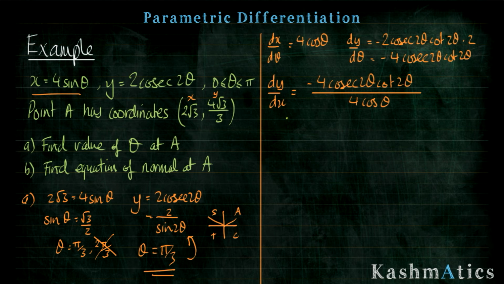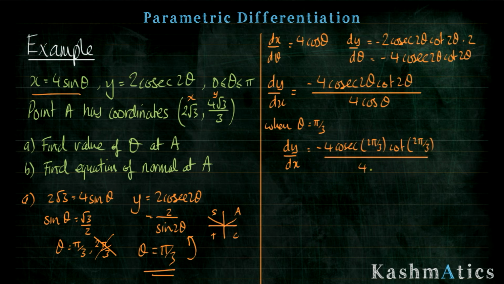Now what I can do here is I can plug in my value of theta to work out what dy by dx is at that particular point. So when theta is equal to pi over 3, dy by dx will equal minus 4 cosec 2 pi over 3 cot 2 pi over 3 divided by 4 cos pi over 3. In case you're wondering why these are 2 pi over 3, it's because that's 2 theta.